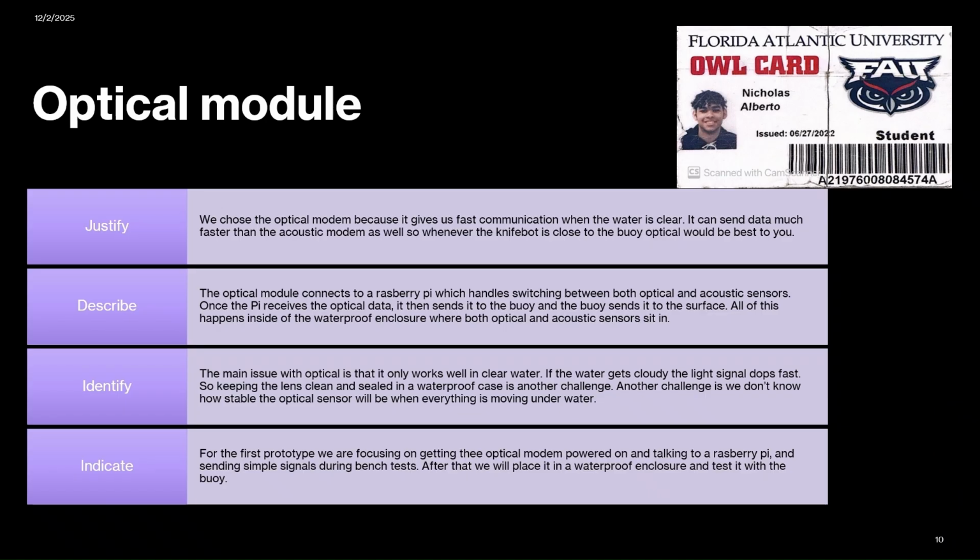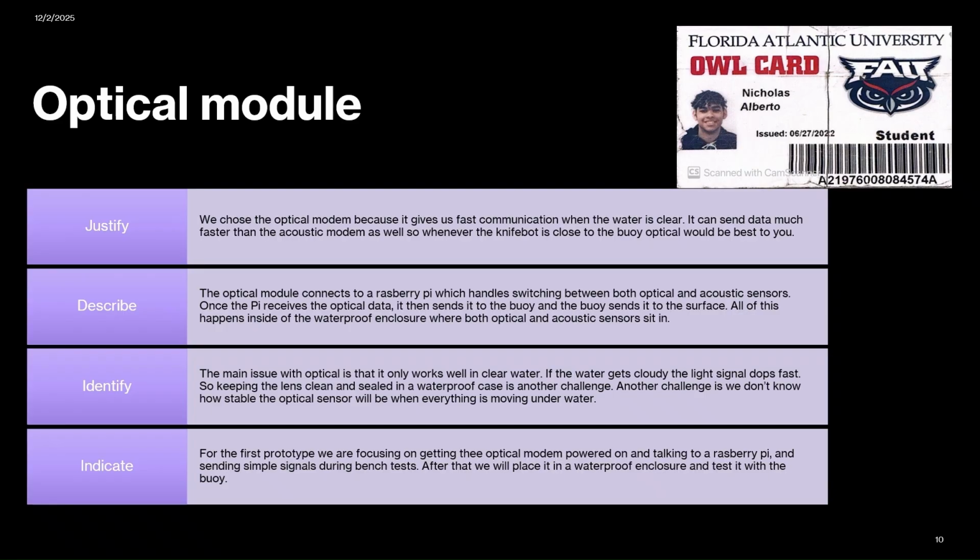Optical module. To justify the optical module, we chose the optical modem because it gives us fast communication when the water is clear. It can send data much faster than the acoustic modem as well. So whenever the knifebot is close to the buoy, the optical sensor will be the best for it.